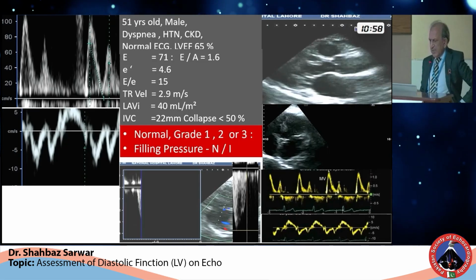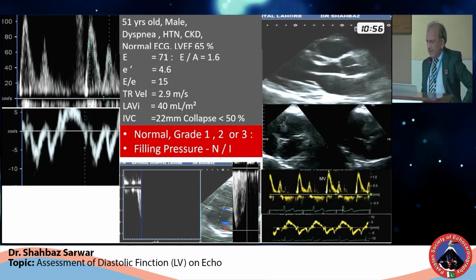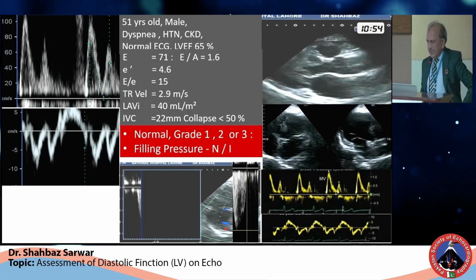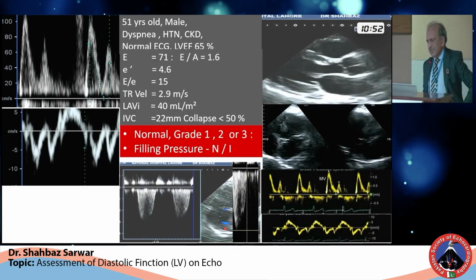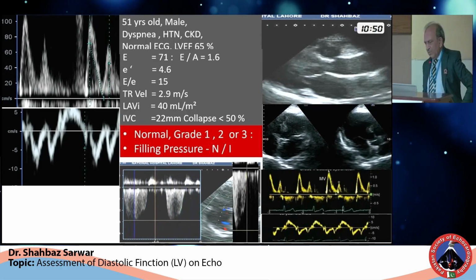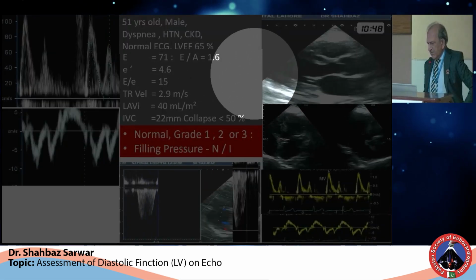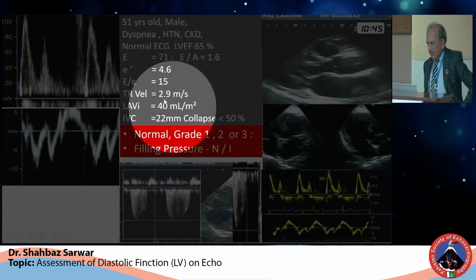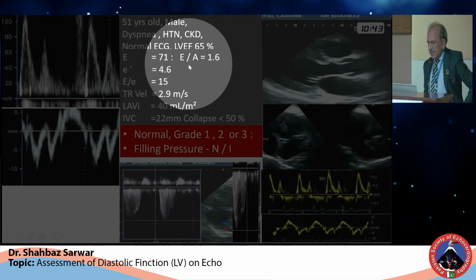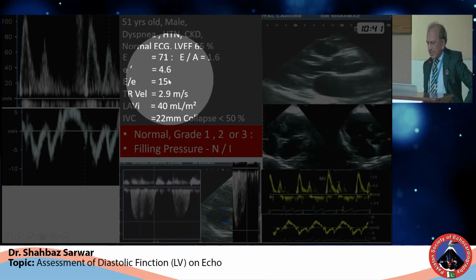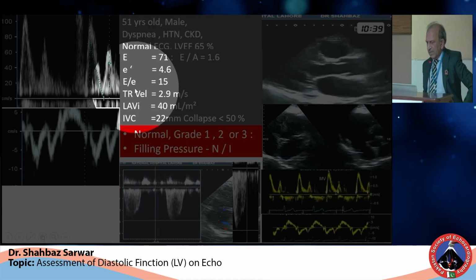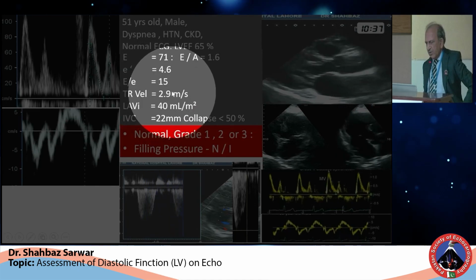Okay, now we see this 51-year-old male. He came with dyspnea. He's hypertensive with CKD. His ECG was normal. You see that ejection fraction is nearly normal. His E to A ratio was 1.6. E prime is clearly abnormal. E by E prime is 15. TR velocity is abnormal.